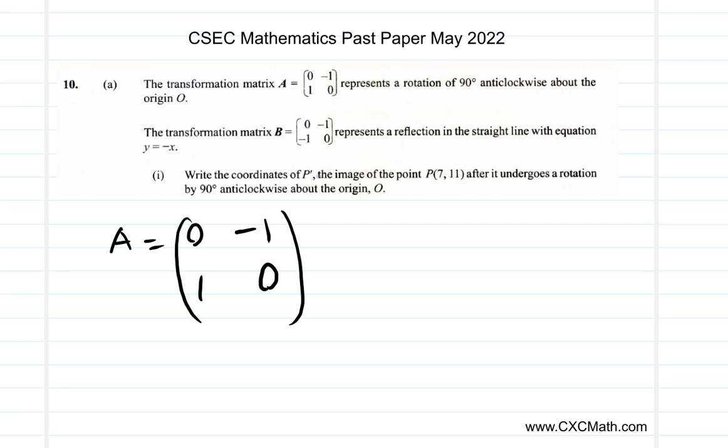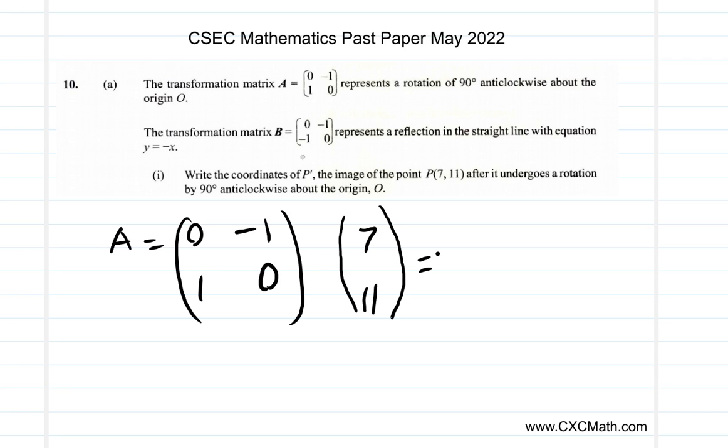It says write the coordinates of P prime, the image of P 7, 11 after it undergoes a rotation of 90 degrees anti-clockwise about the origin, which of course is represented by matrix A. So what you're going to have to do is multiply the two matrices, where one matrix is a column matrix representing P, which is 7, 11. So the question now is, what is that equal to?